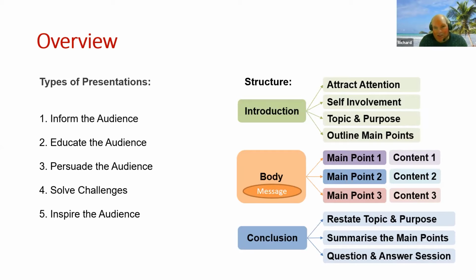And that's the key thing, is to keep them focused on what you're talking about, so that then you can introduce the topic and the purpose of why you're talking about that, and then outline the main points. And the main points will be, hey, today I'm going to talk about this, and then secondly, this one here, and thirdly, finally, this point here.